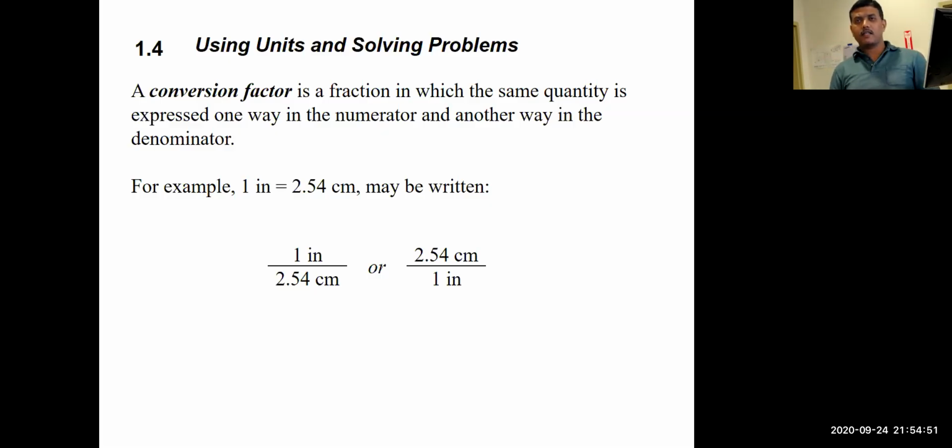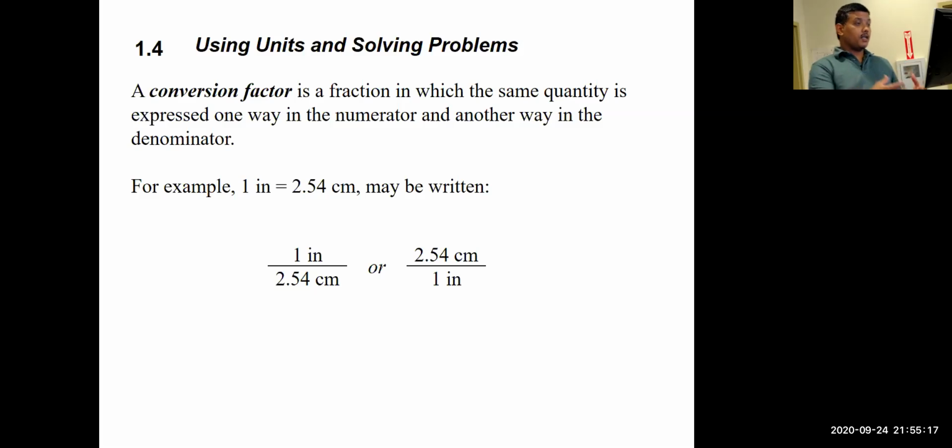For example, I said 1 kilogram contains 1000 grams. So it is a defined relationship. Whenever there is an equality relationship between two different units, you can make two different conversion factors out of it. You can say 1 kilogram over 1000 grams or 1000 grams over 1 kilogram. Those two are called conversion factors.